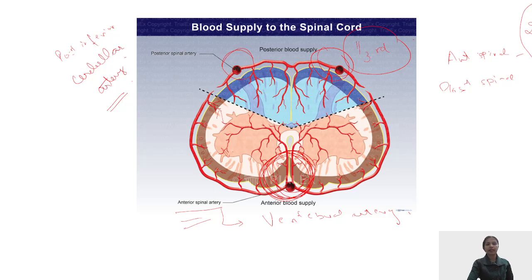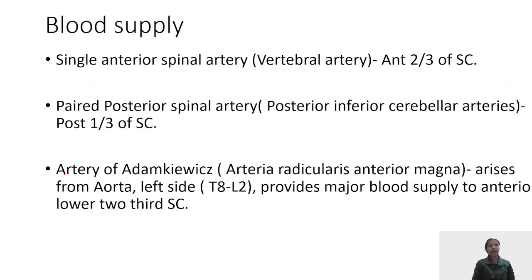There is one more artery, known as the artery of Adamkiewicz, which is asked also. This is the arteria radicularis anterior magna. This artery arises directly from the aorta. It is unilateral, present on the left side only, and only for a limited part of the spinal cord, from T8 to L2. But it provides a major blood supply to the anterior part of the lower 2/3 of the spinal cord.